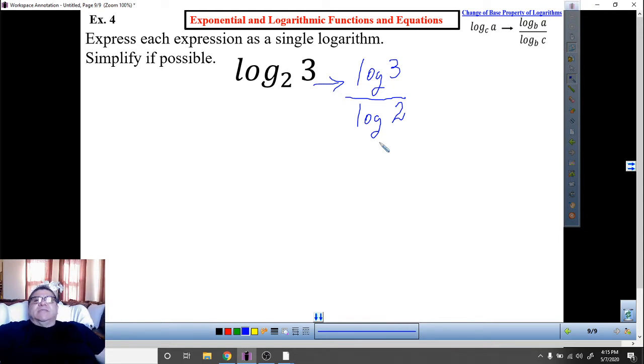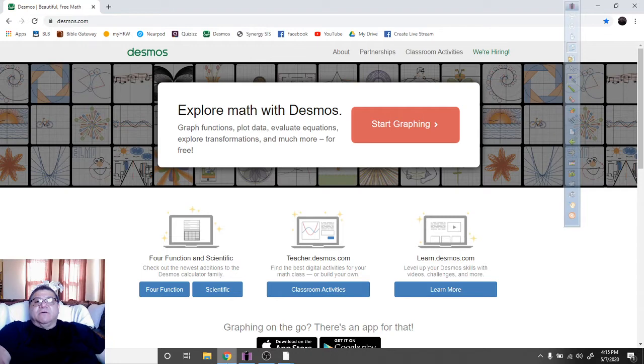So once you get to that point, the next part is going to be a piece of cake, because all we need is a calculator. All right? So check this out. Once you get to this piece and you cannot simplify anymore, then I want you to go to Desmos.com, or if you have a scientific calculator, check this out. In Desmos.com, they do have a scientific calculator down here. You guys see it?